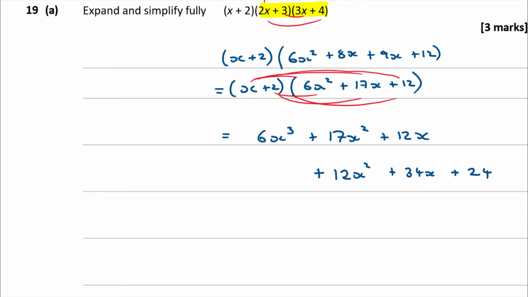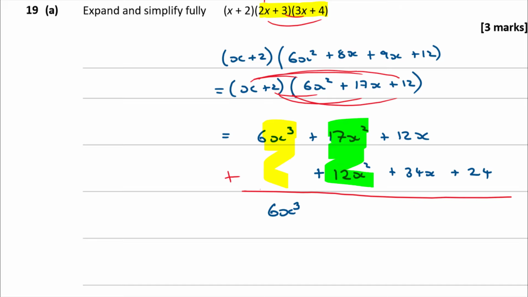Like I say, the reason I was doing that is then you can just column add these up now. So in the first column, I've just got 6x cubed, and in the second column I've got 17x squared and 12x squared, which adds up to 29x squared.